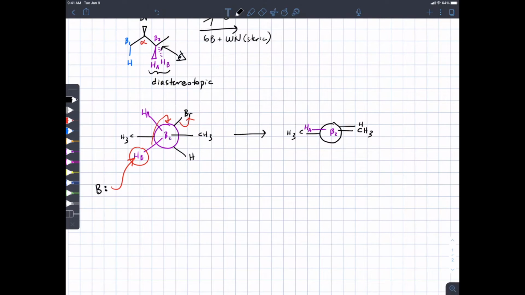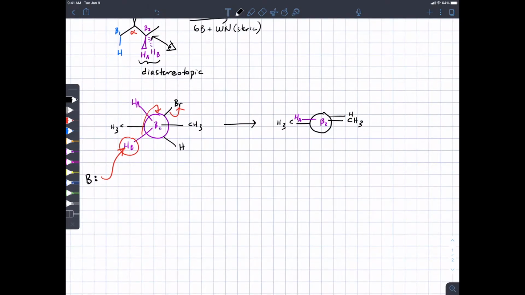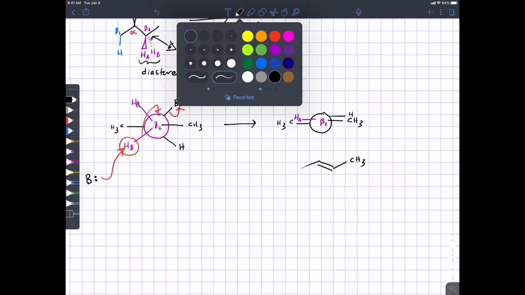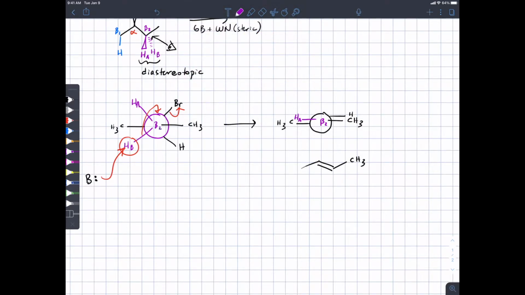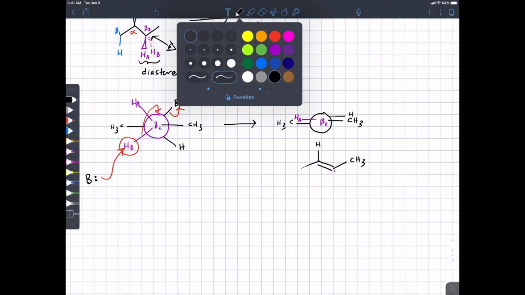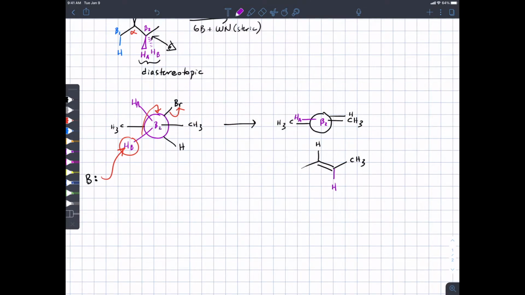In other words, if we remove HB and go back to looking at this molecule from the side, we have just made a trans alkene. Do you see how eliminating when HB is anti to the leaving group gives you the trans alkene, right?